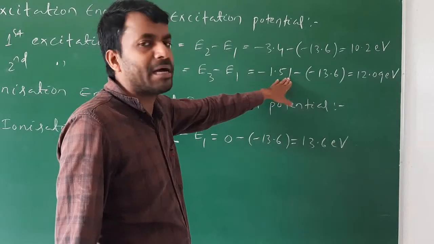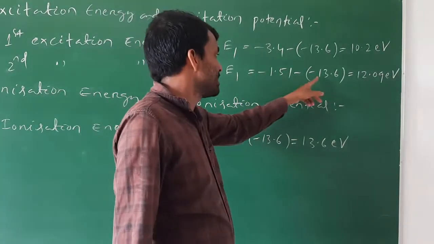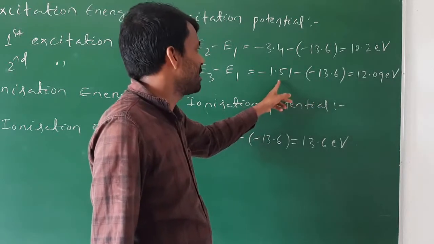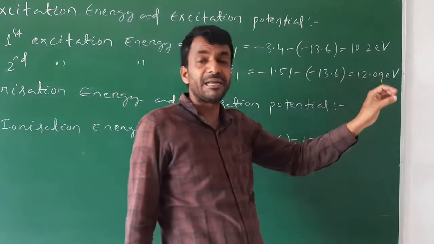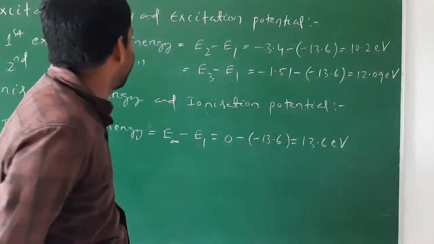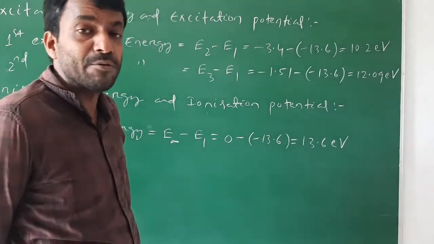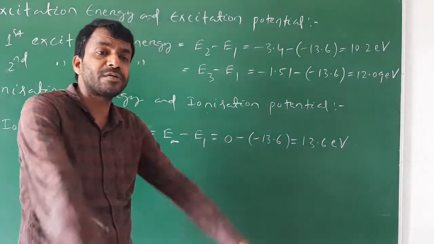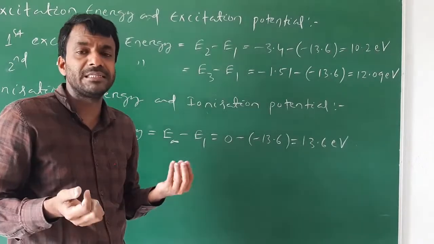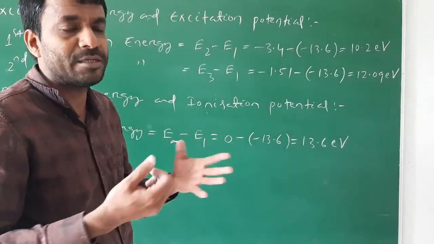Minus 1.51. Minus E1, that is minus 13.6, means plus 13.6 minus 1.51, that is 12.09 electron volt. That is the value of the second excitation energy. Then what is the value of the second excitation potential? That is 12.09 volt, the second excitation potential.